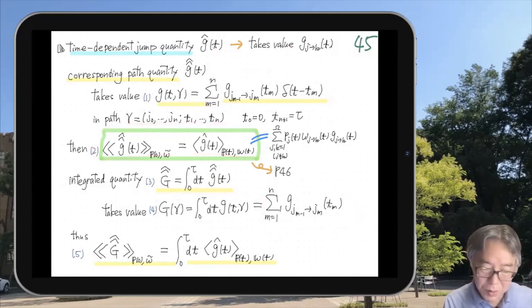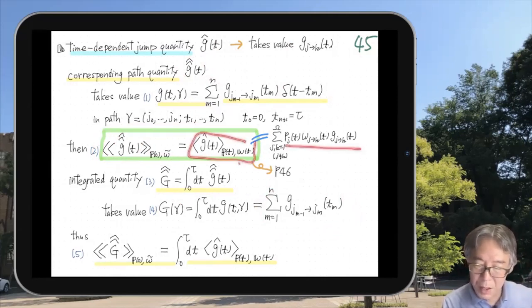The left-hand side is again the path average of this time-dependent path quantity, the standard path average. I claim that this is exactly equal to the simpler standard average of the jump quantity g.